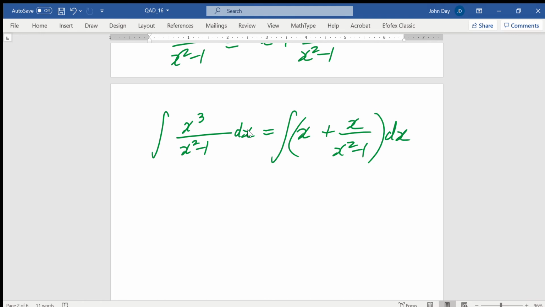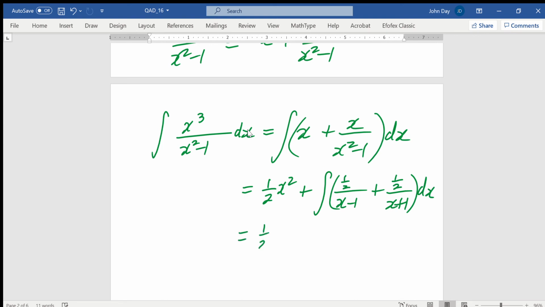And we've already changed that to partial fractions, so that's going to be equal to the integral of x, plus the integral of a half on x minus 1 plus a half on x plus 1 from part A. So that's a half x squared plus a half natural log of the absolute value of x minus 1 plus a half the natural log of the absolute value of x plus 1. Now I'm going to put a plus c there.